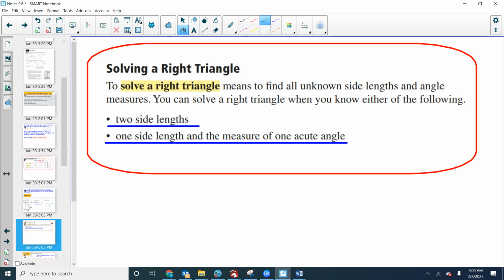Maybe 2 angles, maybe any combination of those. If you know 2 sides, you have to find the third side, and then 2 angles. If you know 1 side and an angle, you have to find the other angle and 2 sides. So it's going to be some combinations of those.